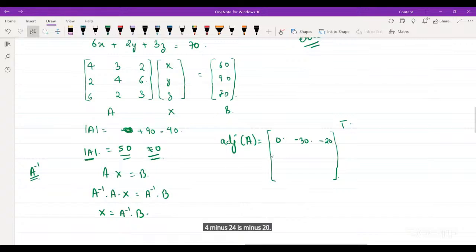2 to the 4. Okay. This is 9 minus 4. 9 minus 4 is 5. This will be 12 minus 12 is 0. This will be 8 minus 18 is minus 10. 18 minus 4 to the 8 is 10.